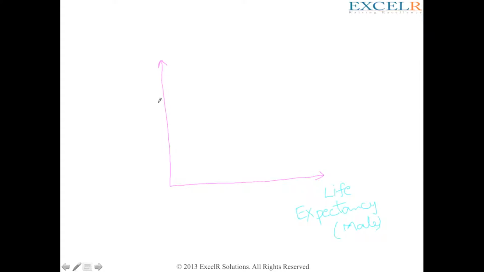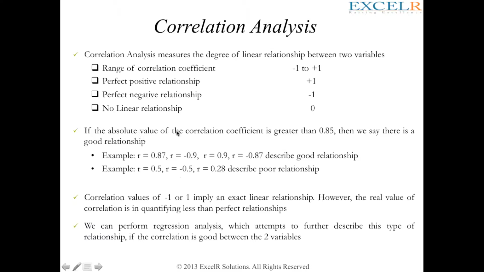And on the y-axis, you have years of marriage. I think if I swap these two, it makes more sense.